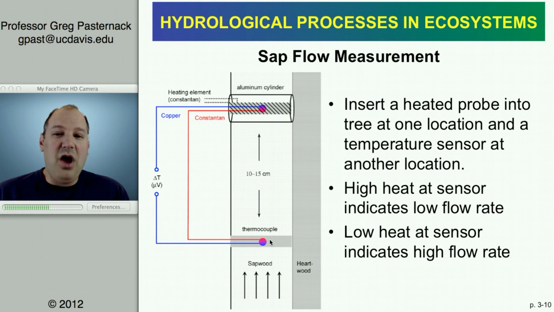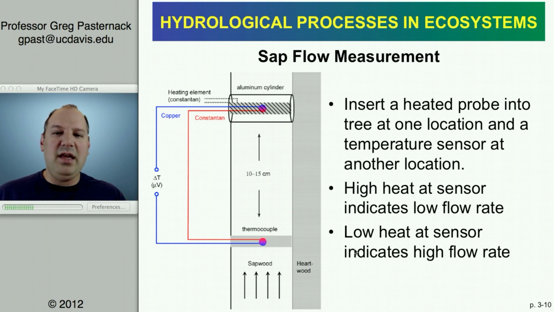If there was, of course, no flow at all, you would have the highest possible rate because you would basically set up a gradient and then that heat would be moving out. As the flow increases more and more, it's pushing that heated water away and the gradient becomes more abrupt. So when you have a low amount of heat here, that has to mean that there's a really high rate of flow and relatively little heat is getting to the thermocouple.